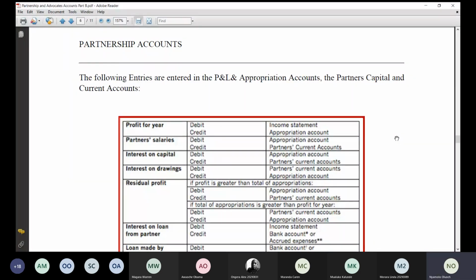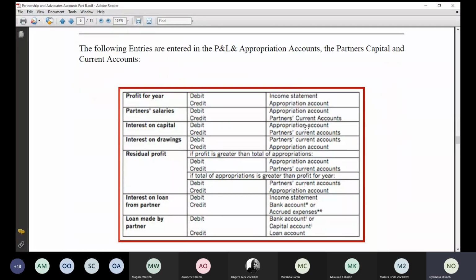So you remember the question that we were doing, and we had 2 partners, Frame and French. And so we'd done the P&L and appropriation account for the partners, and we even went ahead to share their profits.